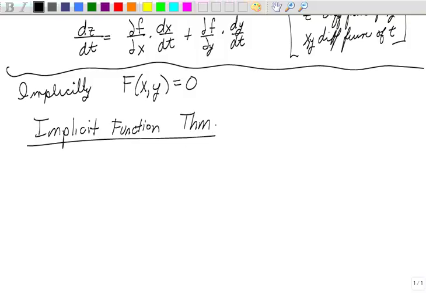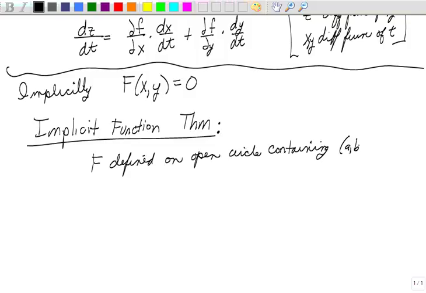First, you have to have a couple of conditions. The first one is f is defined on an open circle containing the point (a, b). f(a, b) is equal to 0, and Fy(a, b) is not equal to 0.